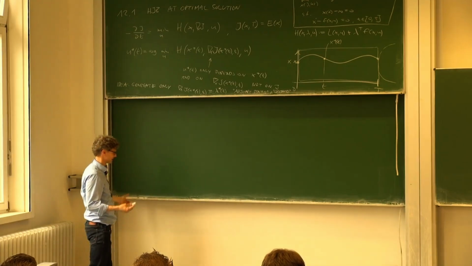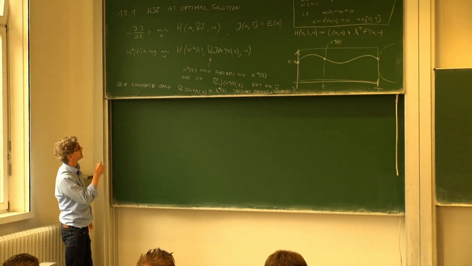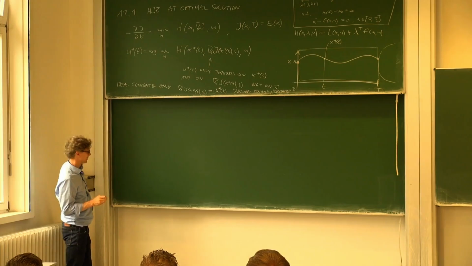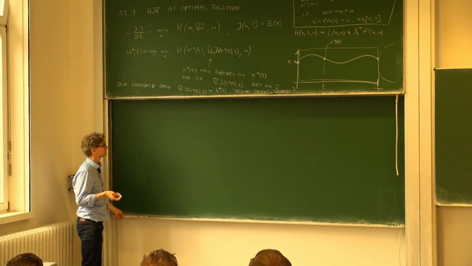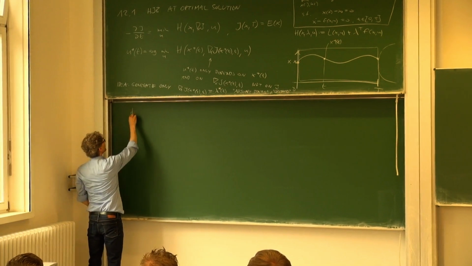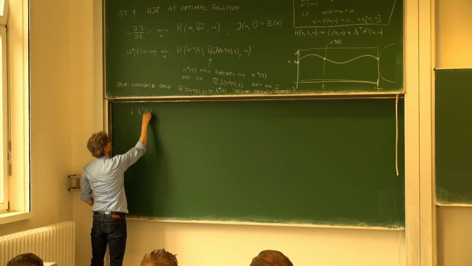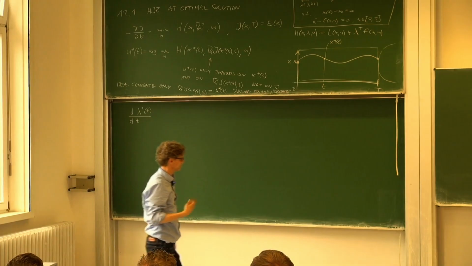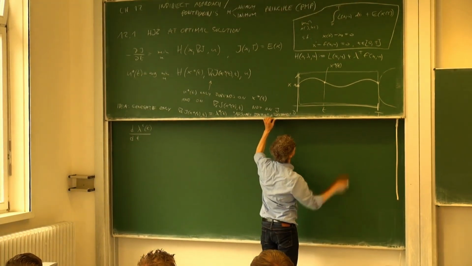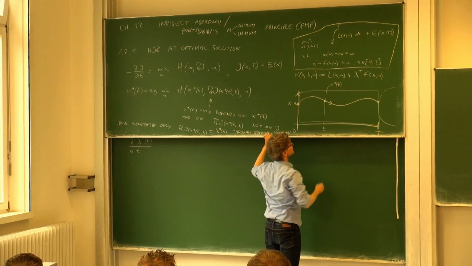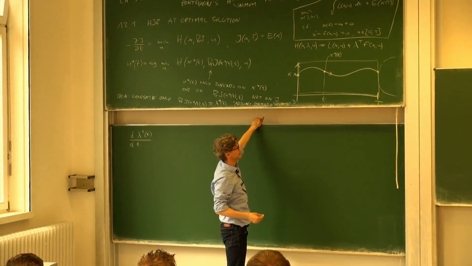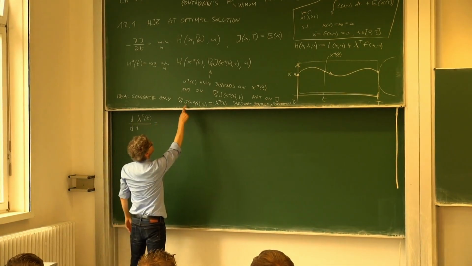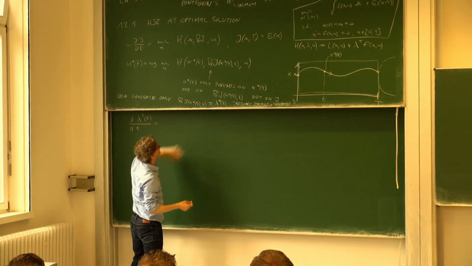And so now let's look at whether we can derive an equation that the lambdas and the x's need to satisfy, which is based on the Hamilton-Jacobi-Bellman equation. I would like to first do one little exercise in calculus, which is the following. If you look at how lambda star of t depends on t, at the total time derivative. So if you really think along the optimal trajectory, you move in this direction along the optimal trajectory, how does the lambda change? This whole thing depends on x star of t and t itself.